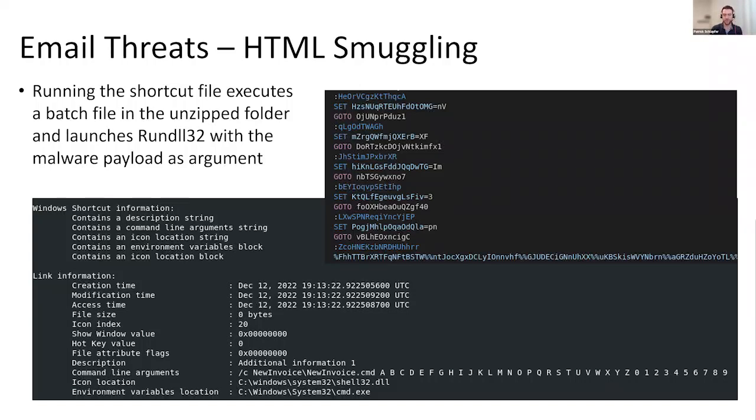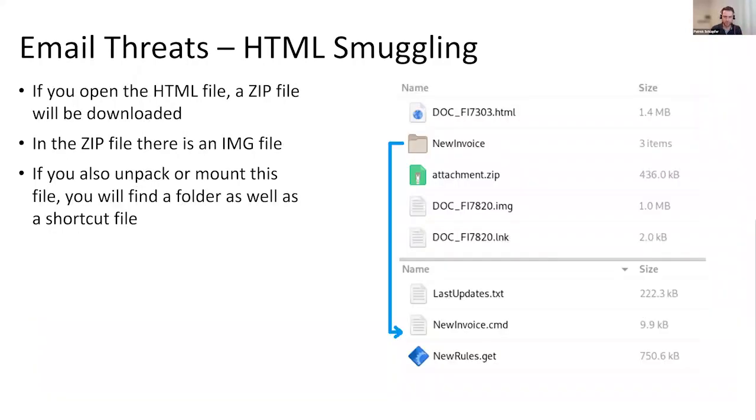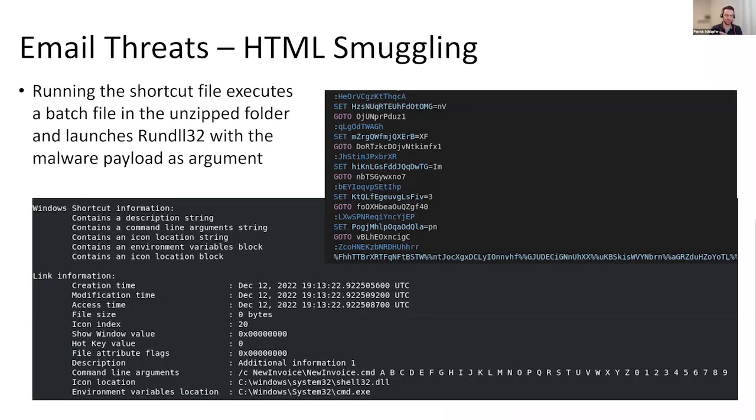This can be seen in the command line argument. This CMD file is quite obfuscated, but in the end, it simply executes rundll32 with the DLL, which is just a very special file. It's called new rules.get in this case, which is actually a DLL. So this is used as an argument, and then the payload is running on the client.